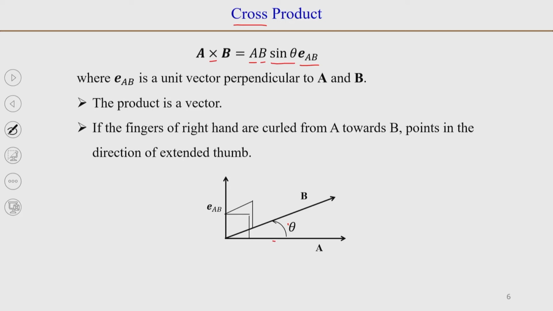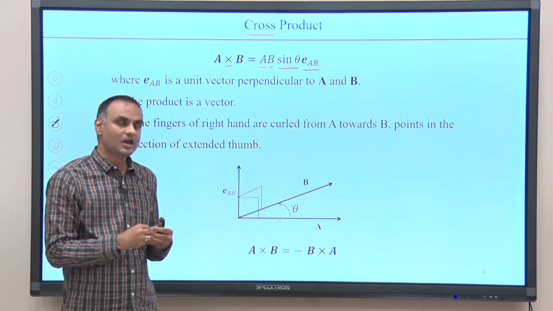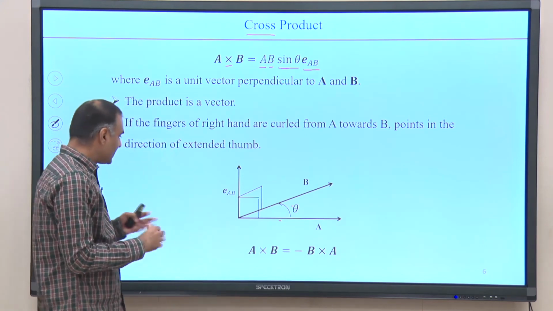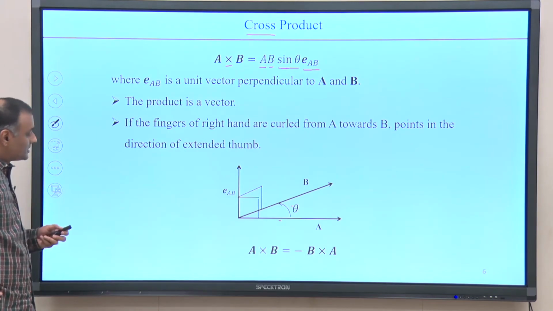So, A cross B will be normal to the board, and B cross A will be entering inside the board. This will be pointing inside the board if we take B cross A, and A cross B will be pointing away from the board. That also tells us that A cross B and B cross A are not equal, because their magnitudes are equal, but their directions are different. Okay.